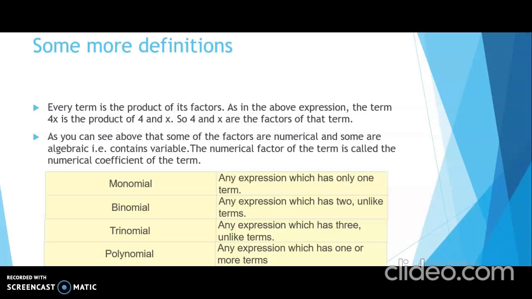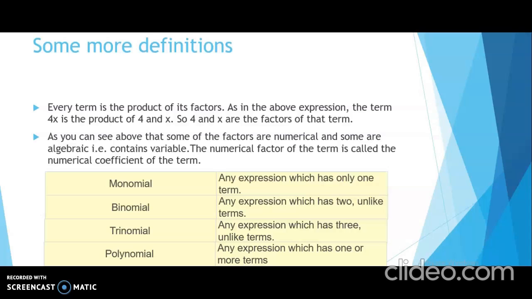I will explain to you what a coefficient is in a simpler way. Just give me a moment. So, the numerical factor of a term is said to be the numerical coefficient or simply a coefficient of that term.